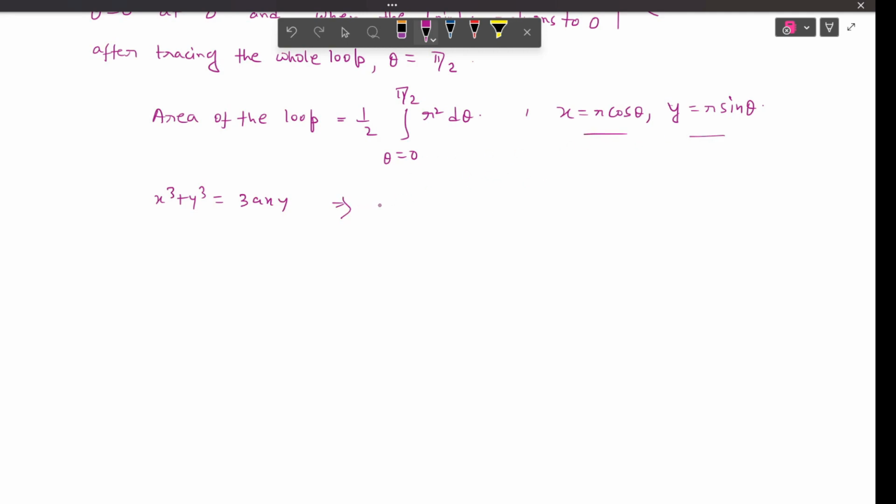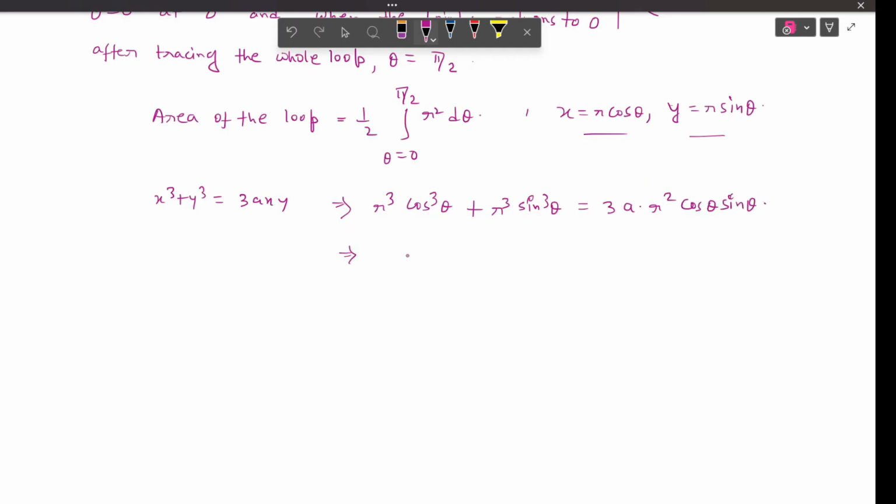So x is r cos theta. That means we have r cube cos cube theta plus r cube sin cube theta, and this is 3a r cos theta into r sin theta, that is r square cos theta sin theta.